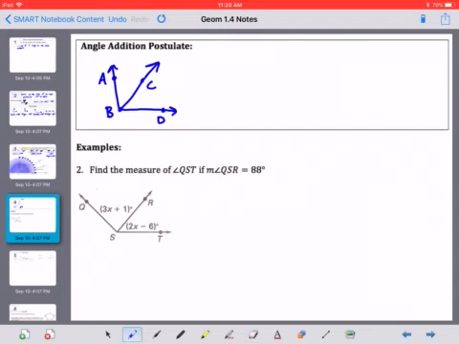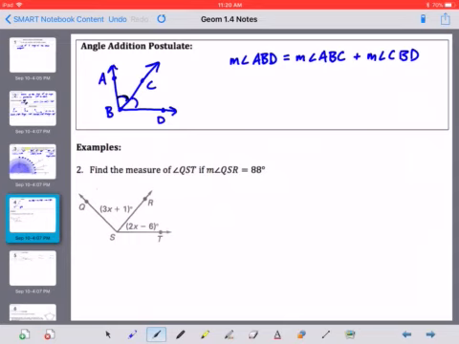What the angle addition postulate tells us is that if you want to figure out the measure of this entire angle ABD, you can say that the measure of angle ABC, this angle here, plus the measure of angle CBD, this angle here, have to add up to give you the entire angle.